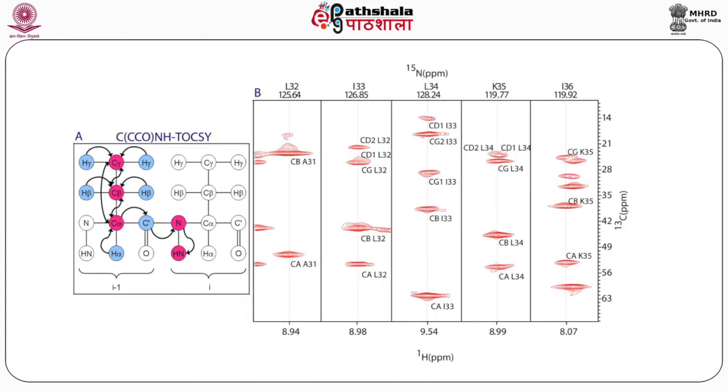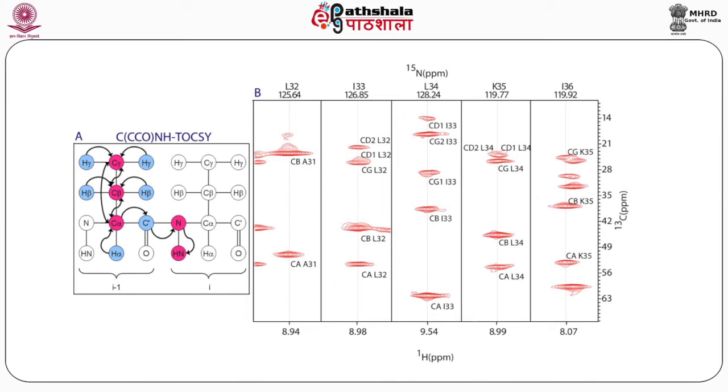You see a more complex pattern for I36, which would show you the carbon chemical shifts of the preceding residue, which is K35. And as you can see in this strip, there is Ca K35, Cb K35 and Cg K35 labeled, whereas others are not labeled for clarity. Then there are other residues, and it is interesting to look at them.